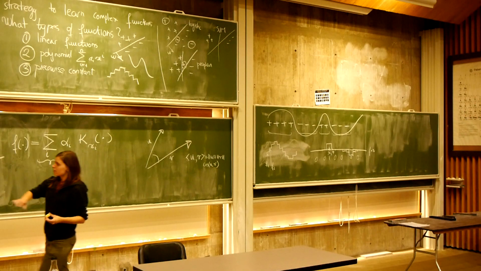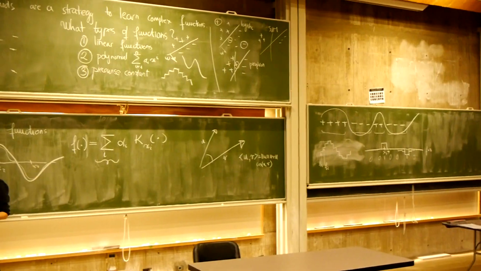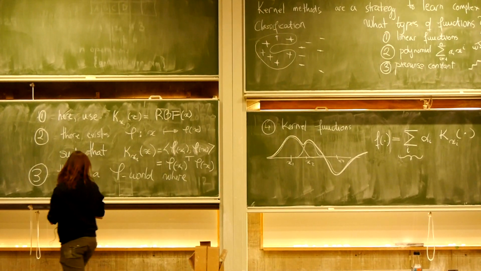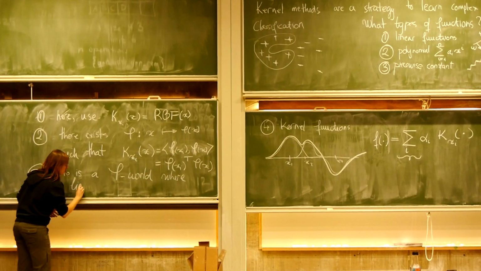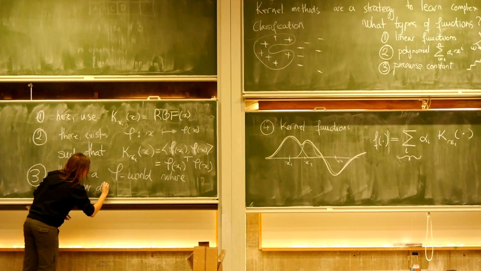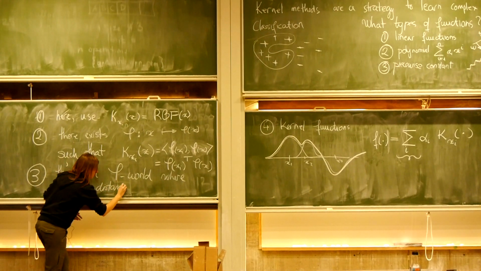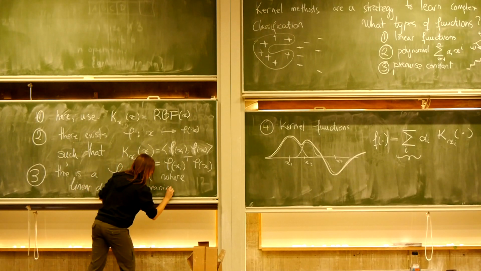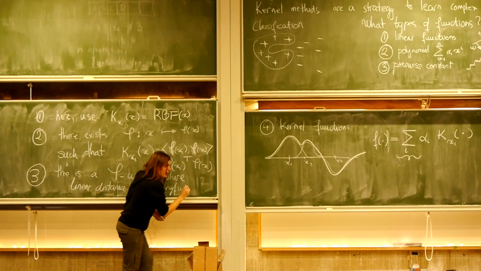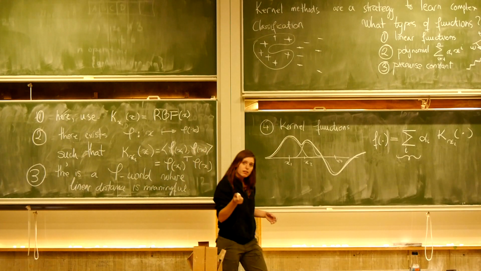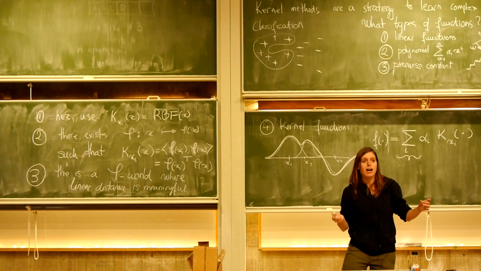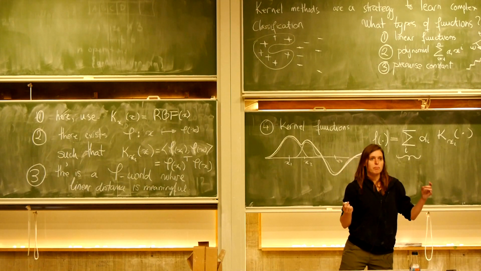But what this result tells us is that there is a phi world where linear distance is meaningful. And we know that because we calculated phi based on the kernel that our boss gave us that we said is meaningful.